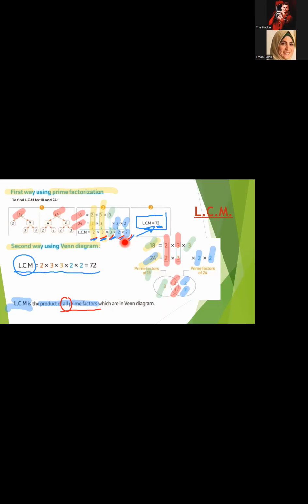Second way is the Venn diagram, drawing the two circles, writing the two lines of prime factorization, taking the common factors and putting them in the intersection area, writing the other factors here, and multiplying all the prime factors to have the LCM be 72.